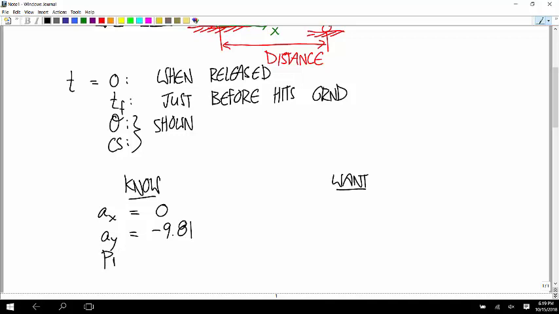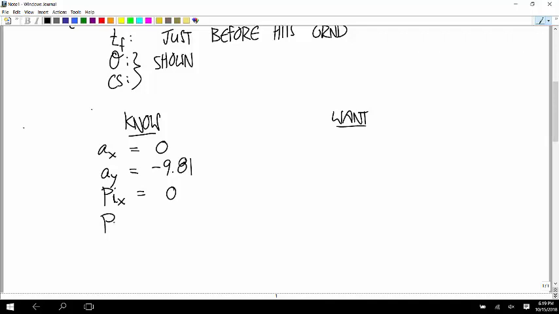So PIX, what's the X component? 0. And what's the Y component? Yep, 0.8, and that's positive. Do we know anything about the final position? Correct. So PFY is 0. PFX is what we're trying to find, so that goes over here.